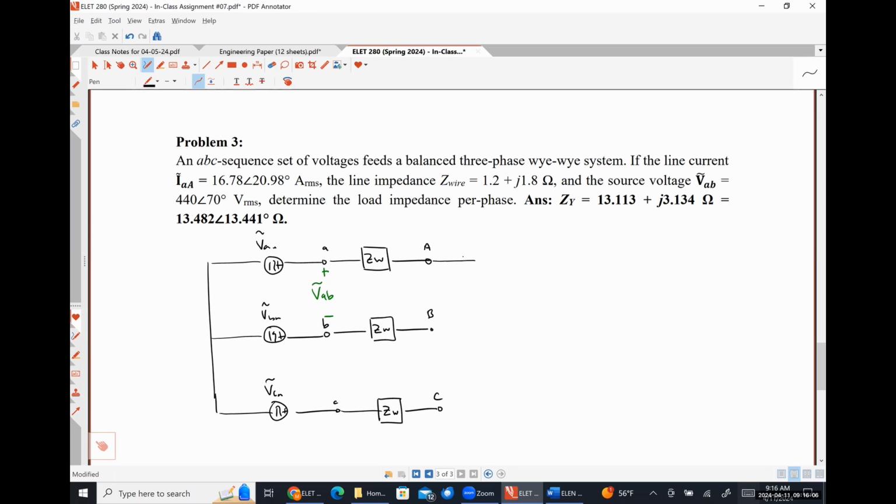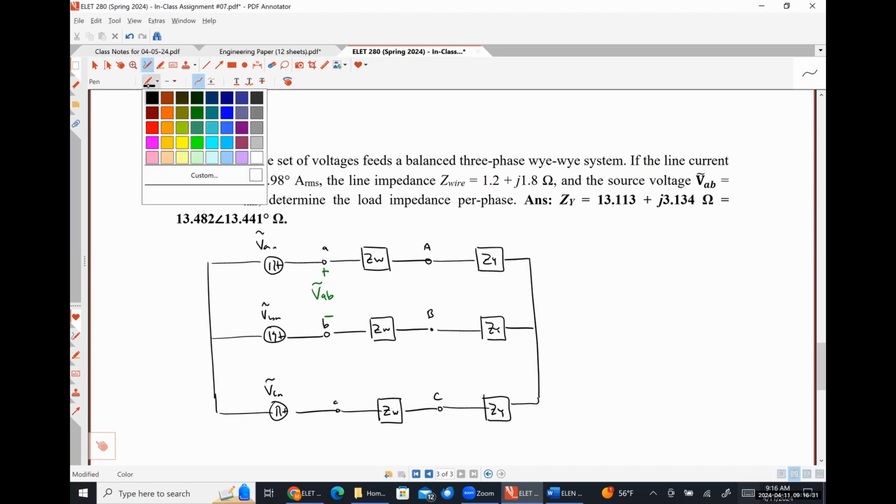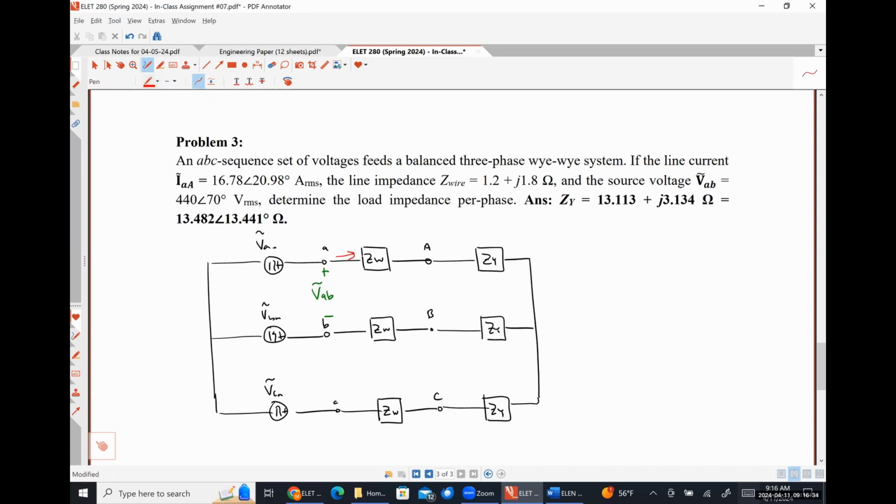And we have a Y-connected load whose impedance we are trying to find. We are also given our line current IAA. So let's write some things down here.